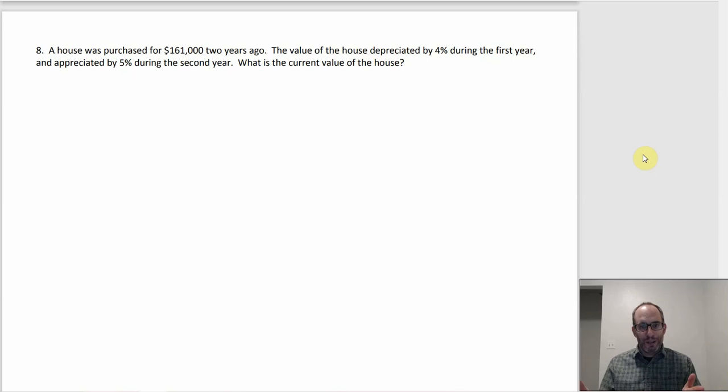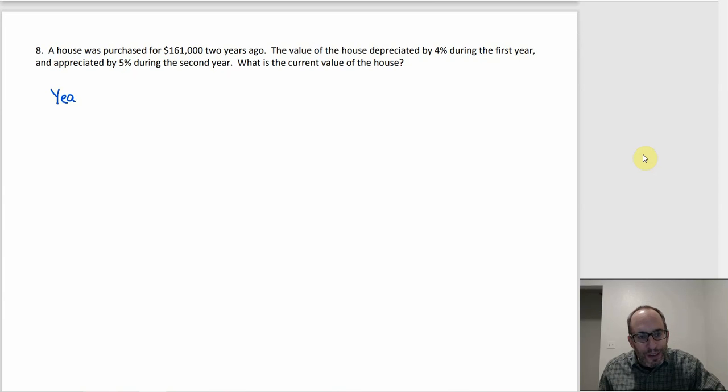So it's like you have to kind of view year 1 and year 2 as separate increments. So it's like year 1, you have some starting point, goes down 4%. And then that end point for year 1 is the starting point for year 2, and you'd apply that 5% increase to that. So that's basically what we're going to do. All right, so that's why we've got the whole page for this one, so I can write nice and big.